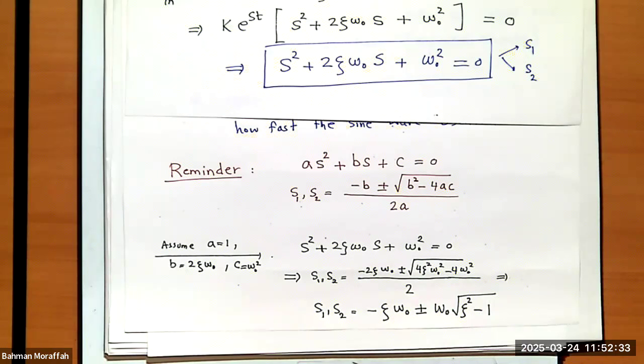So let's categorize these solutions. Let's assume this zeta is greater than 1 for a second. If zeta is greater than 1, I have 2 real solutions. I know exactly what my solution to the differential equation is, and we call that solution overdamped.